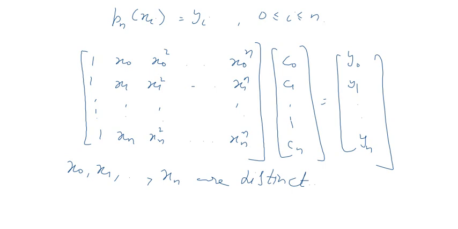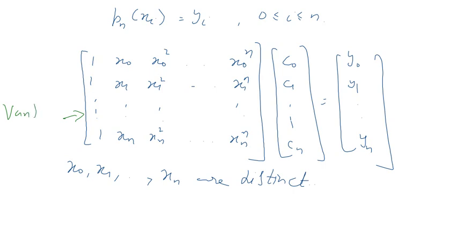If you go for higher degree, the columns become nearly linearly dependent, so you may not be able to make any difference for higher degree polynomials, okay, right? Therefore they have not been preferred, right?